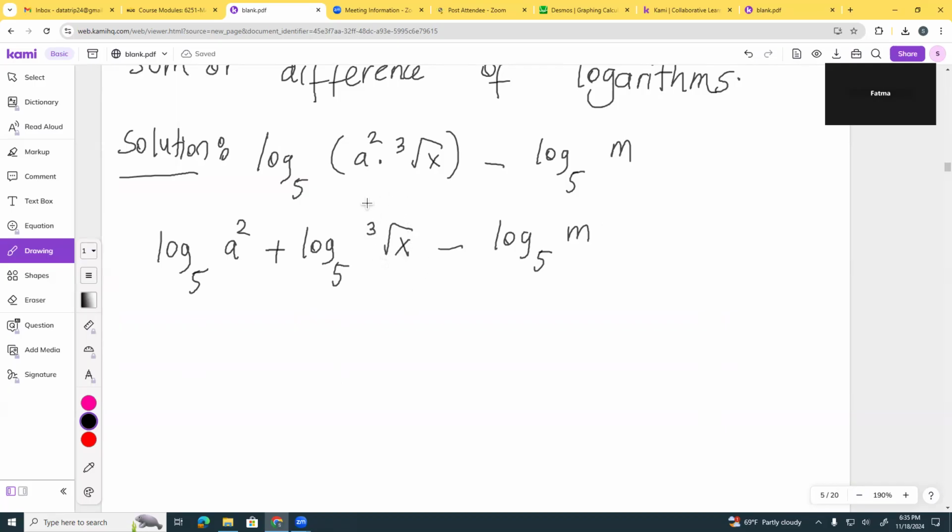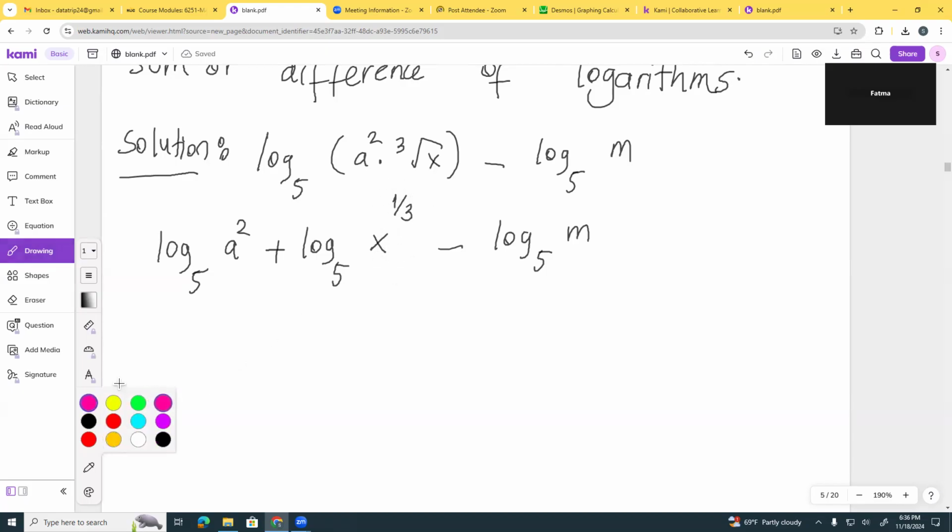We have to do a magic here, and we have to rewrite the cube root of x. What is an equivalent expression for cube root of x? 1/3. Good job. This one, I can erase it, cube root of x, and I can just write it as x to the power of 1/3, because all radical expressions can be written as a fractional power.